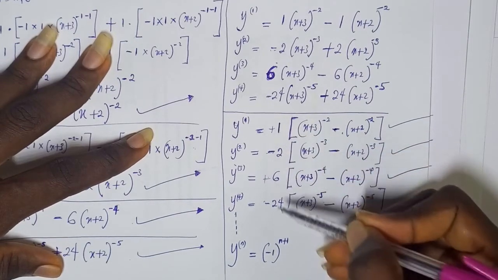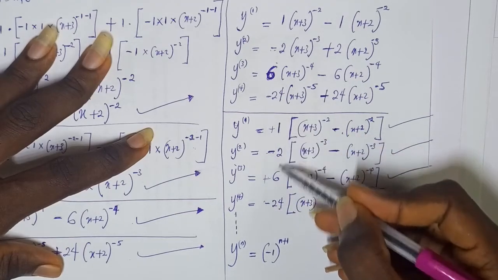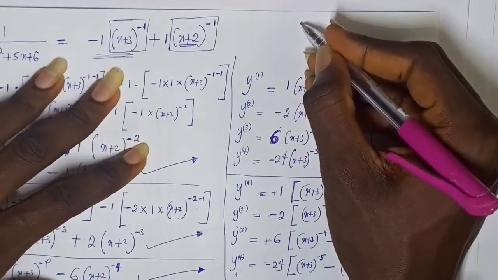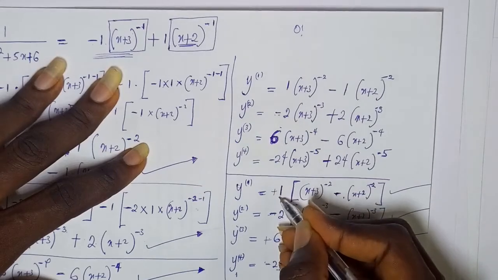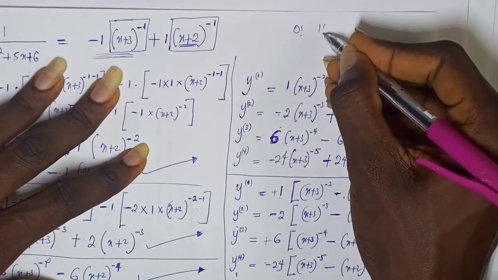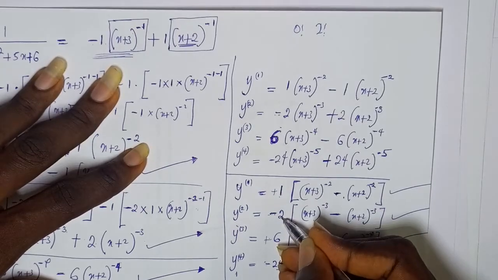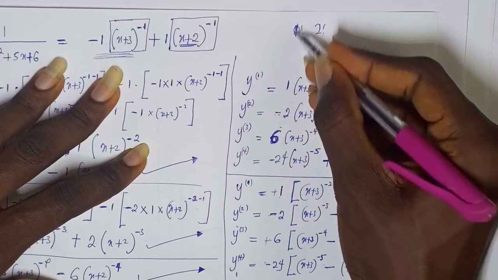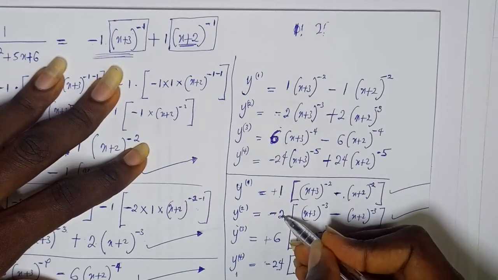Now the problem is that we need to find the generalized form of 1, 2, 6, 24. Trivially speaking, I noticed that it gives 0 factorial, which is 1, 1 factorial, 2 factorial, which is 2. Let me use n equals 1: 1 factorial will give me 1. 2 factorial will give me 2.